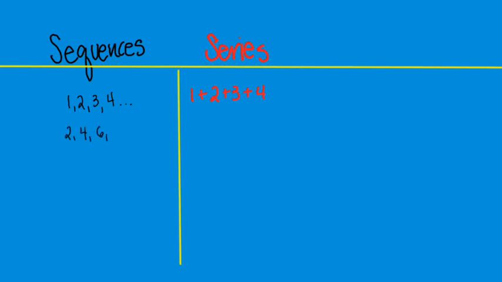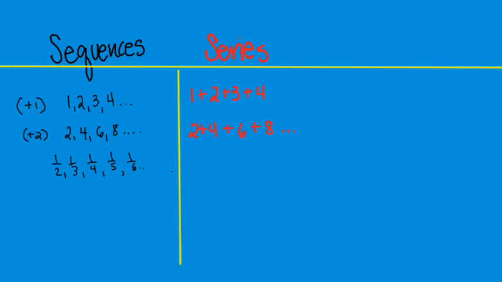Let's do another example. If I add 2 instead, then I'd be counting by 2s, which would be 2, 4, 6, 8. But if I do that with a series, that means I'd be adding 2 plus 4 plus 6 plus 8, a much larger number. What if I do fractions?